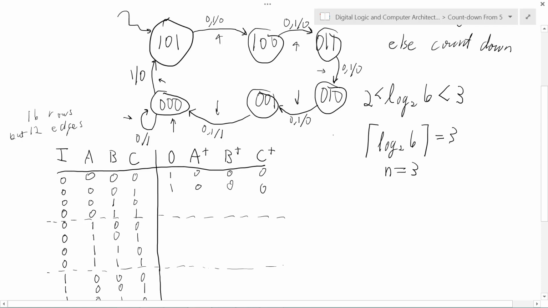For state 2, our next state is going to be 0, 0, 1, and our output will be 0. And for state 3, our output will be 0, and our next state will be 2.